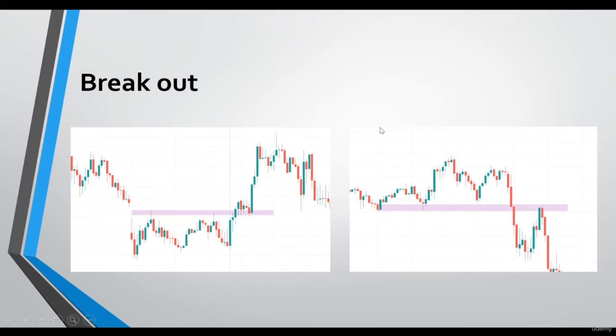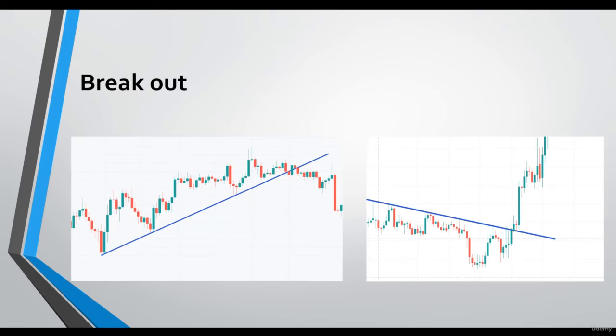And when we have breakout of static resistance or support and then pullback, we can see the trend was changed. All right, we can continue our discussion by taking a look at the next page.